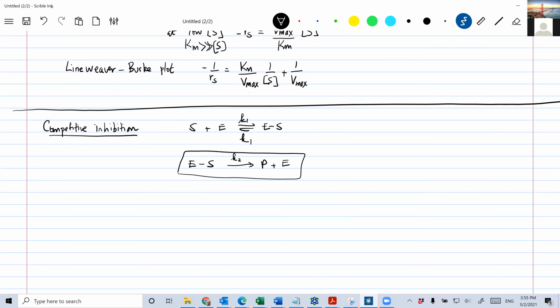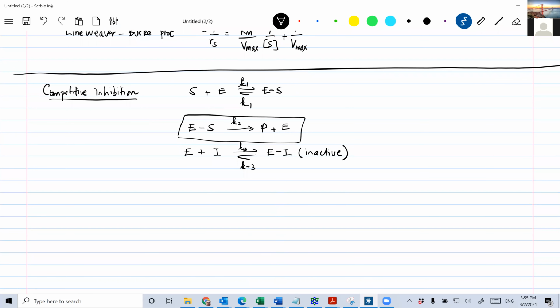And then we have this particular interaction which inactivates your enzyme. So this is an inhibitor I that binds to the active site and inhibits your enzyme.